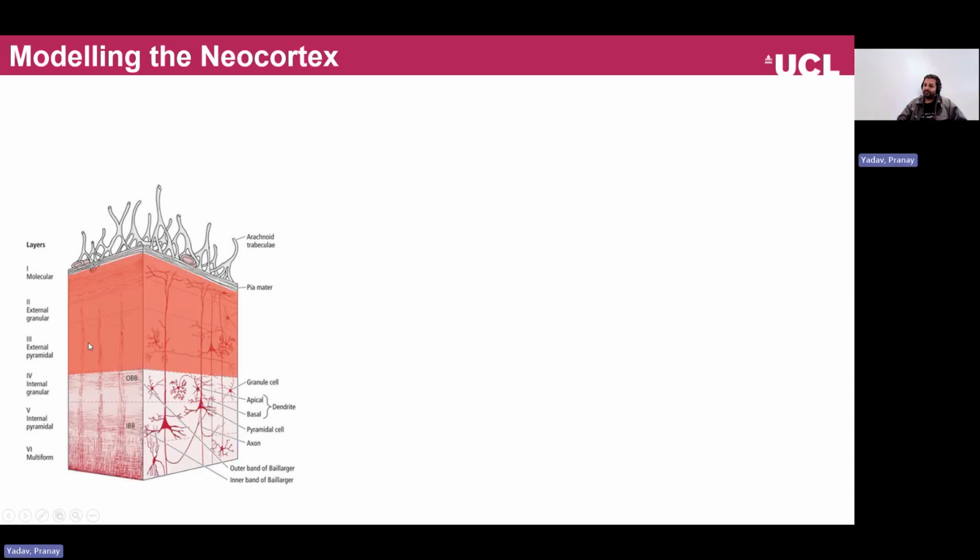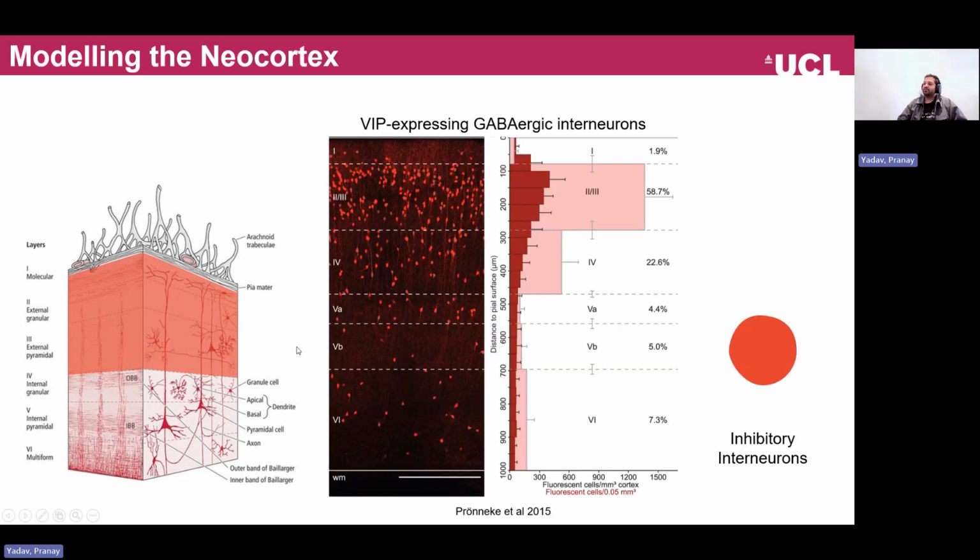Similarly, the top three layers, the supragranular layers, consist of a variety of cells, but for simplification, we focus on the GABAergic inhibitory interneurons, which are densely found in layer 2 and layer 3.